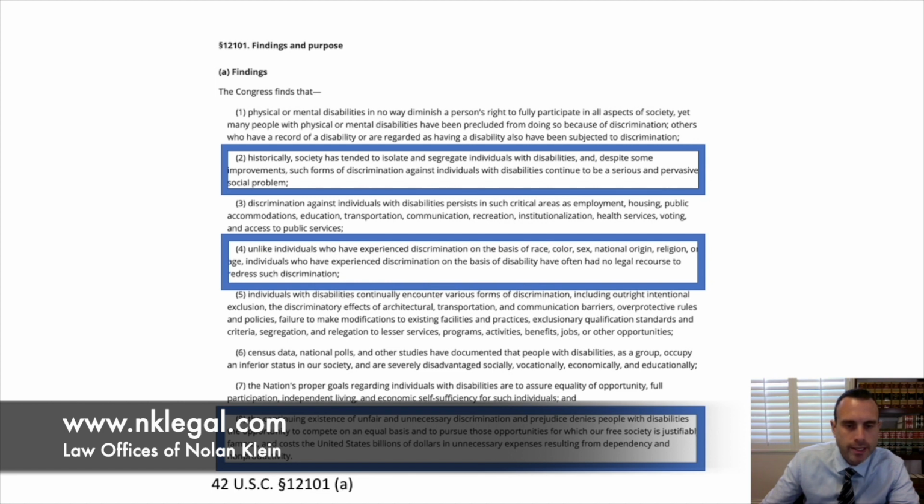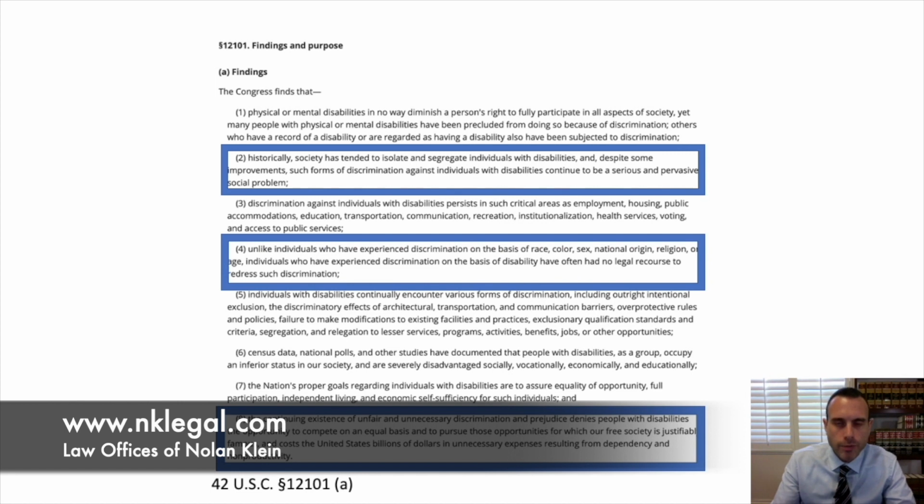The continuing existence of unfair, unnecessary discrimination or prejudice denies people with disabilities the opportunity to compete on an equal basis and to pursue those opportunities for which our free society is justifiably famous, and costs the United States billions of dollars in unnecessary expenses resulting from dependency and non-productivity.